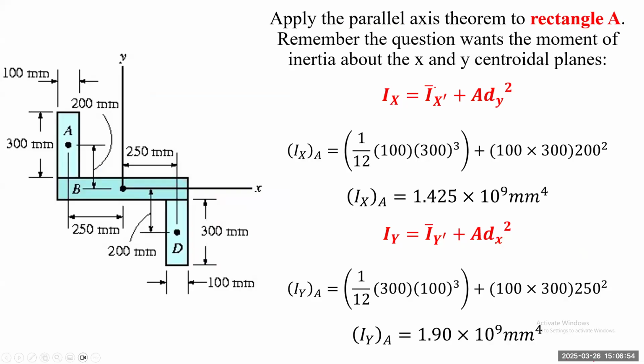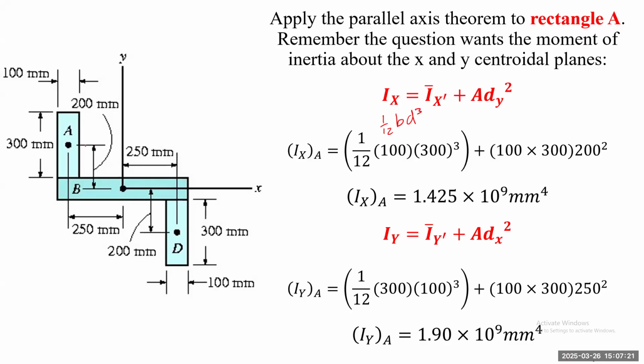Let me see the notes here. It says apply the parallel axis theorem to the rectangle A. So let's look at rectangle A. It was 300 by 100, right? For the first part, it is BD cube upon 12, breadth times depth cube upon 12.